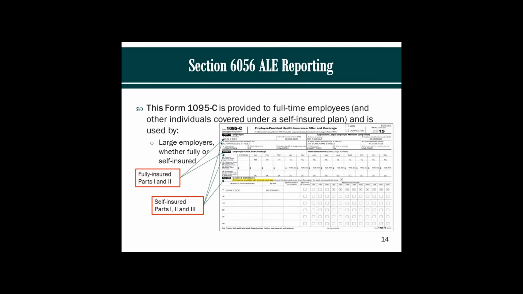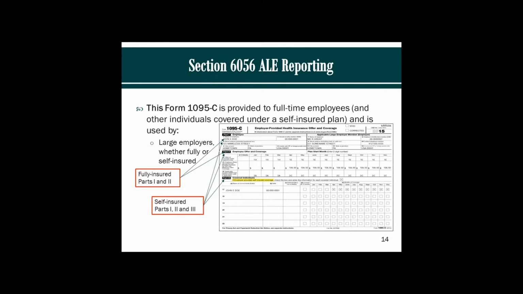So this might be a sample of an employee who only started working for you as of April. So you see we have one code for January, February, March, and then a different code from April to the end of the year. That code 1E would tell the IRS that you've offered coverage to the employee, the spouse, and a dependent, and that it was minimum value.